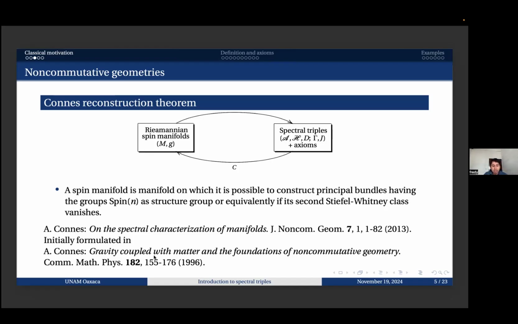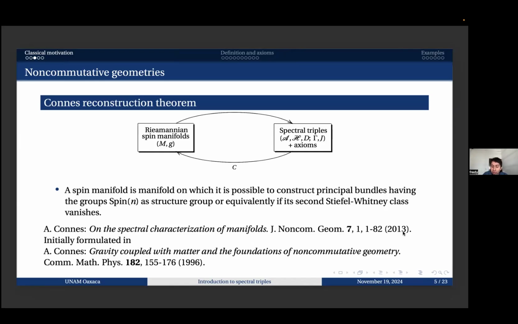Here I wrote the seminal papers of Connes, where he gave this reconstruction theorem. Actually, what surprised me was that this problem was initially formulated in 1996, and he solved the problem only in 2013.